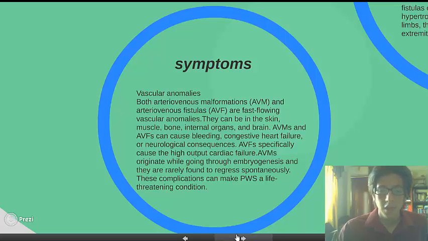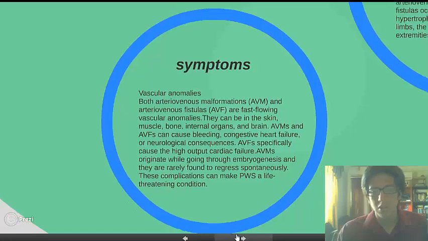Arteriovenous fistulas specifically cause high-output cardiac failure. Arteriovenous malformations originate during embryogenesis, and they are rarely found to regress spontaneously. This complication can make Parkes-Weber syndrome a life-threatening condition.